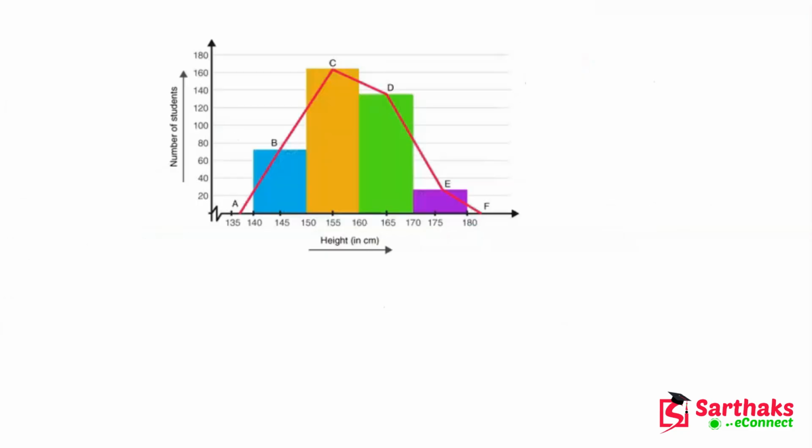Now here you can see, let's suppose we have a histogram between number of students and heights. Now we have to find the midpoints of these widths. Basically, it is the midpoint of class intervals, or we can say class marks.